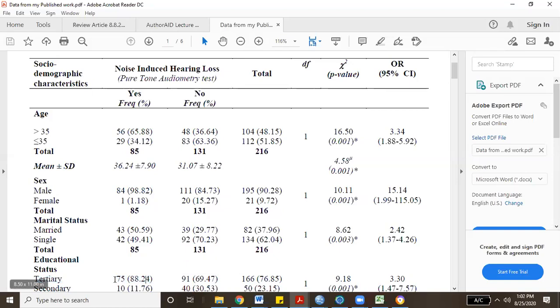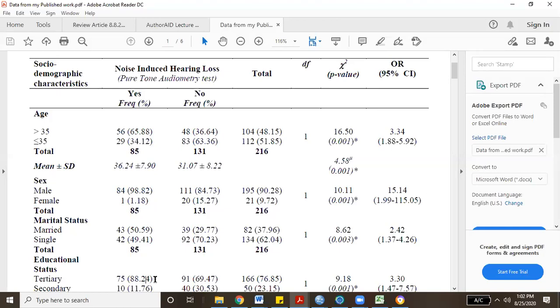It's not that tertiary education makes you more susceptible. It's just the age thing, because being married and having tertiary education is a factor of age.